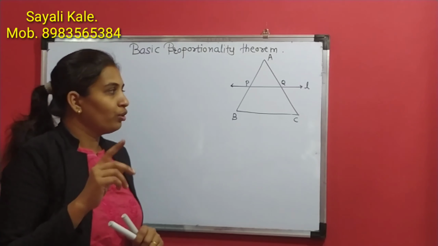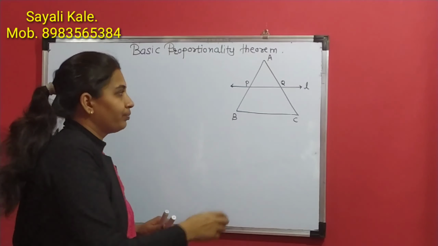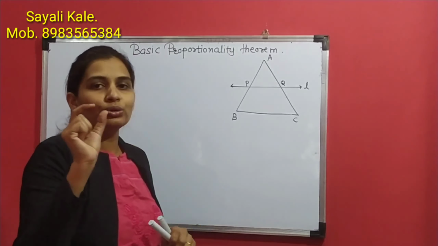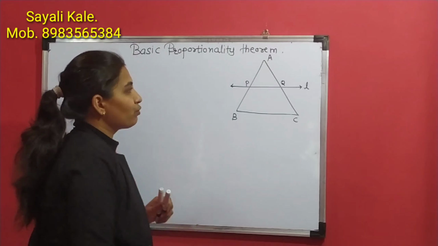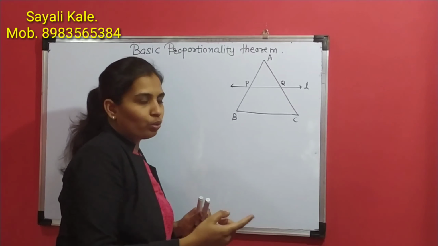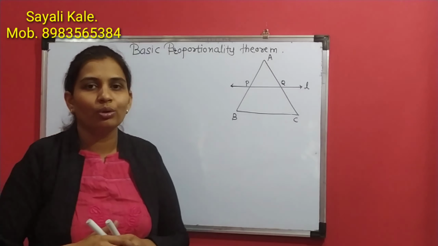Now students, what we have to prove? This line divides the sides in the same proportion. Now same proportion means what? AP upon PB will be equal to AQ upon QC, and that we have to prove.